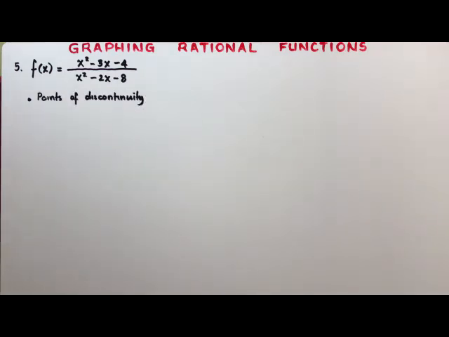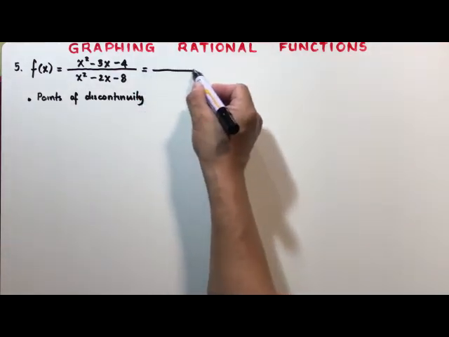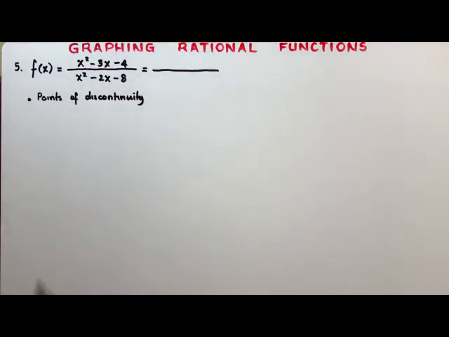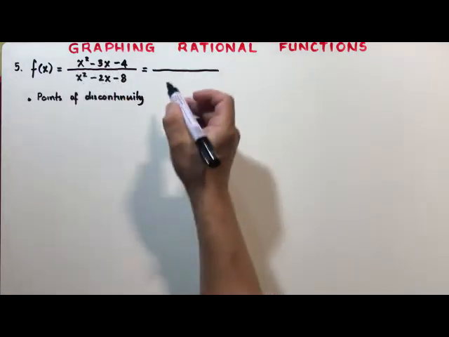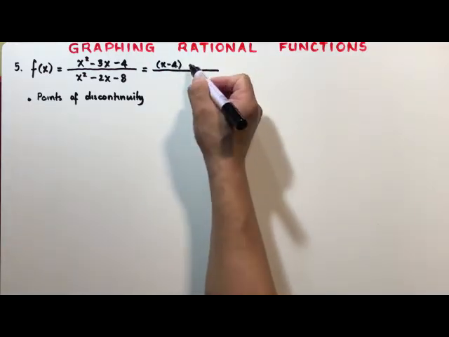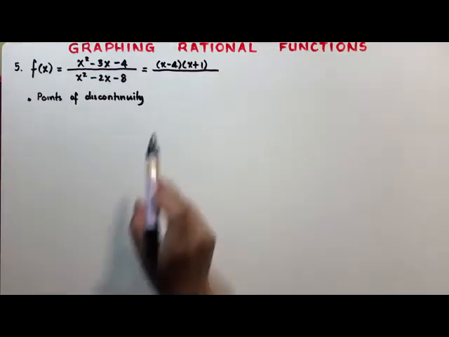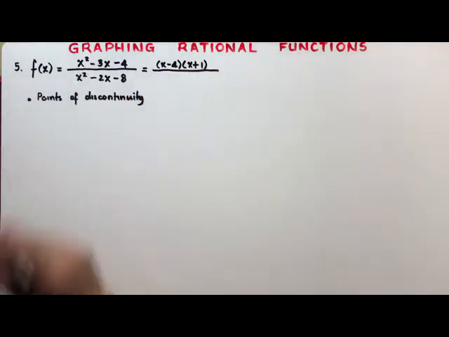And to find the points of discontinuity of the function is to look for the common factors between the numerator and the denominator. And we can factor this one as x minus 4 times x plus 1. And you can check that x times x, that's x squared.